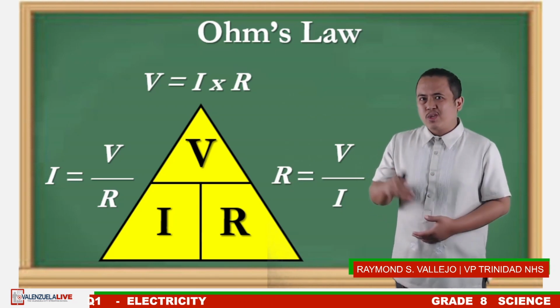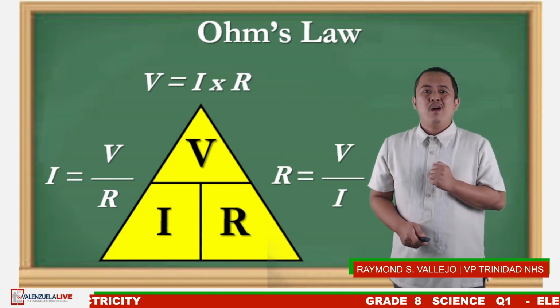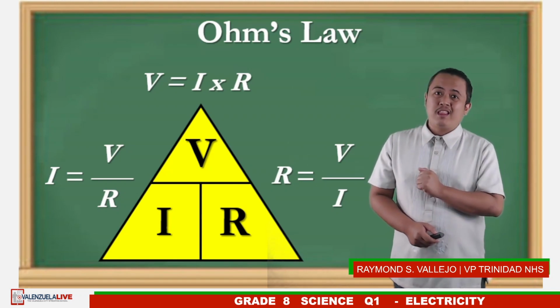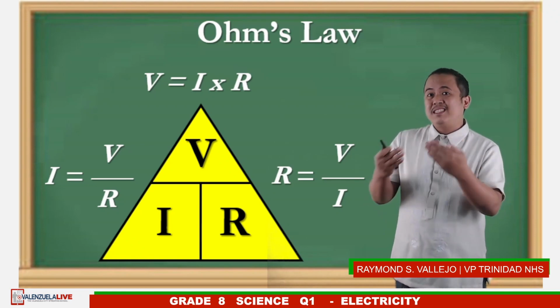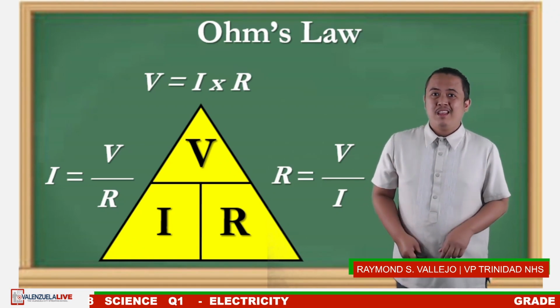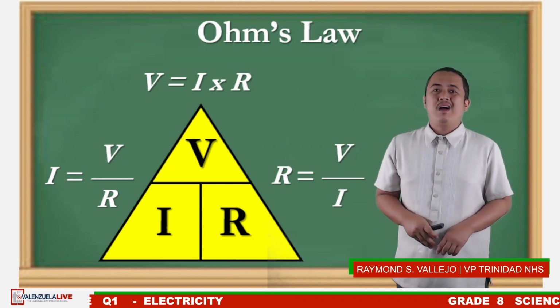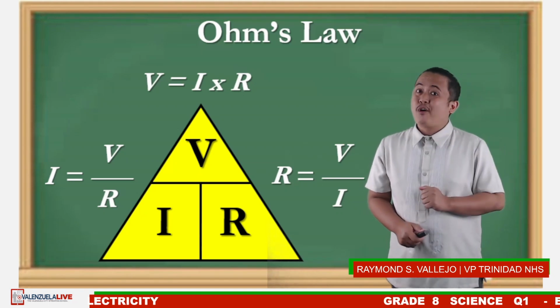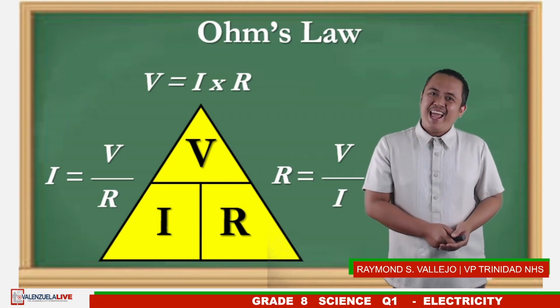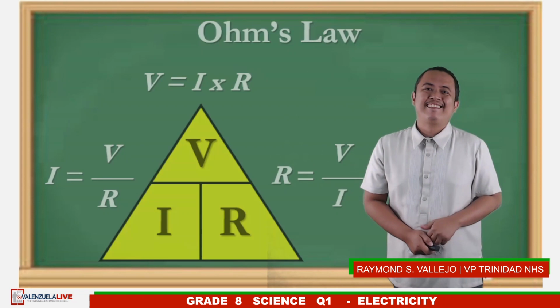You may write your solutions in your notebook, then type the final answer with the correct unit of measurement in the comment section. So make sure that your final answers are complete. So the numerical value and the unit, the correct unit. Okay? So if you're ready, then let's begin.